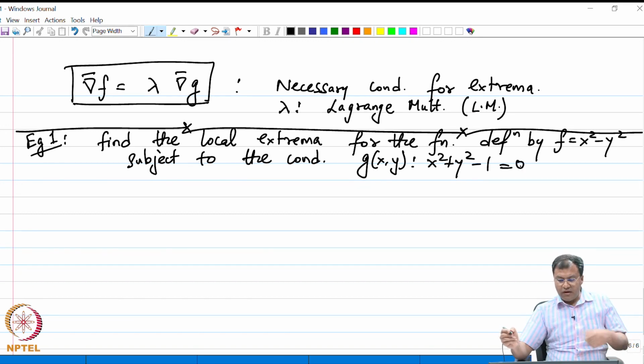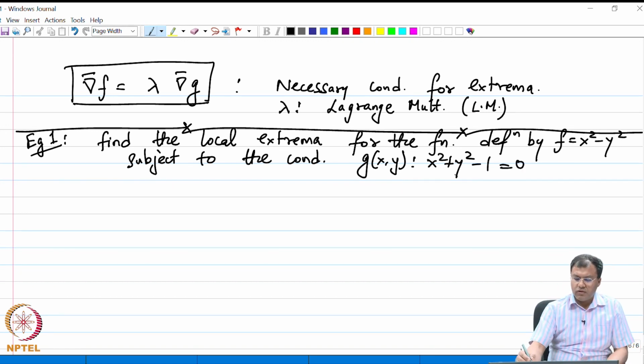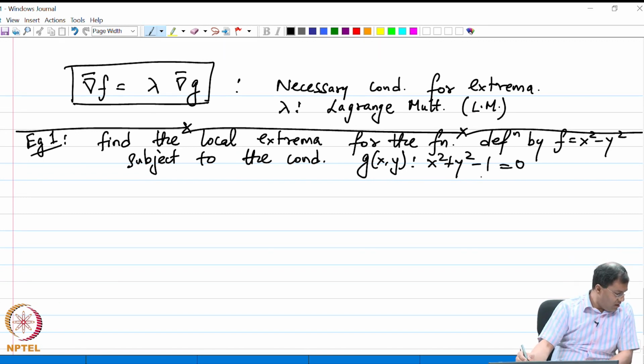So, we have to extremize this function subject to the fact that x and y lie on the boundary of the unit circle. Okay.